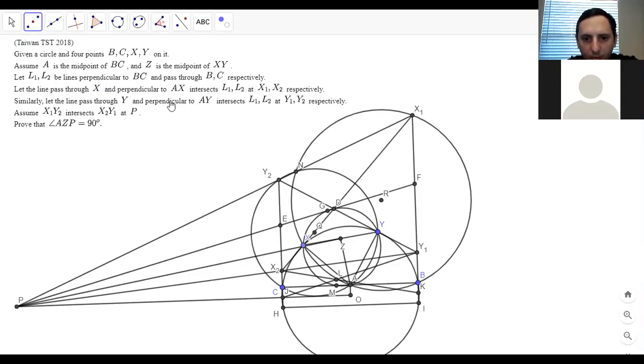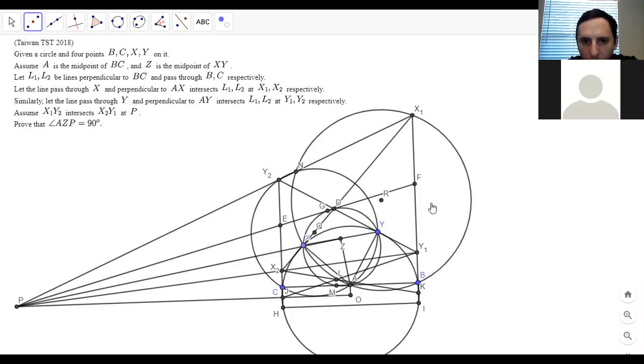Remove some of the circles. Hold on just a second, I'm about to remove it. If R is the midpoint of AX1 and F is the midpoint of BX1, so RF, wait a second, that doesn't make sense.